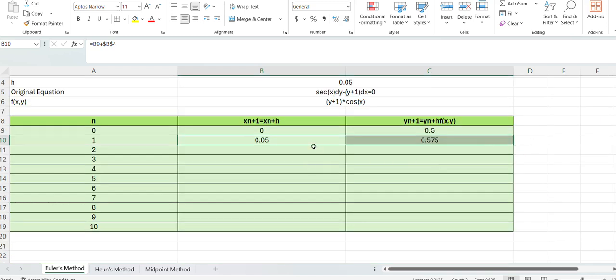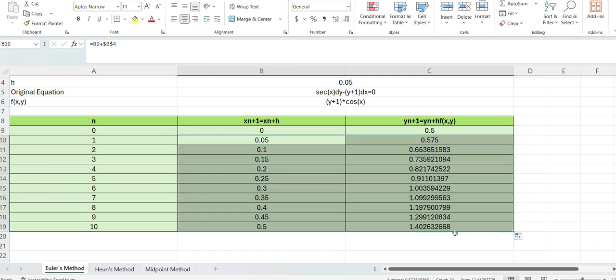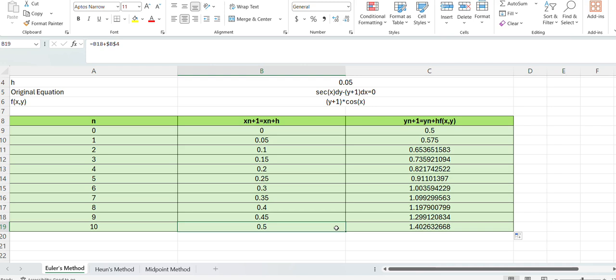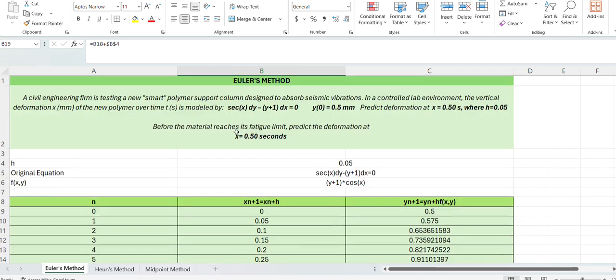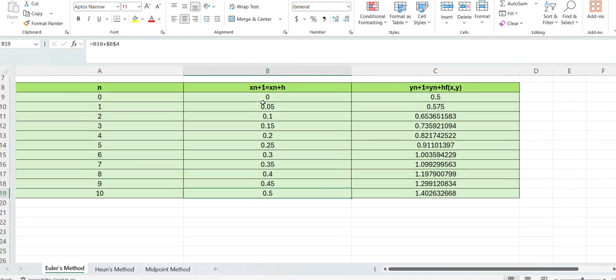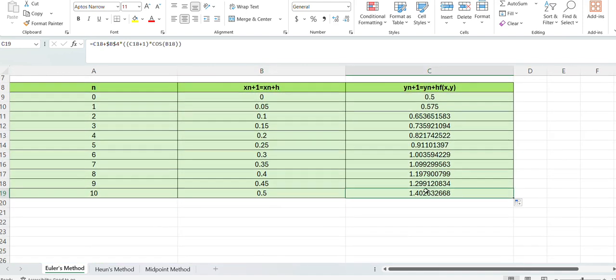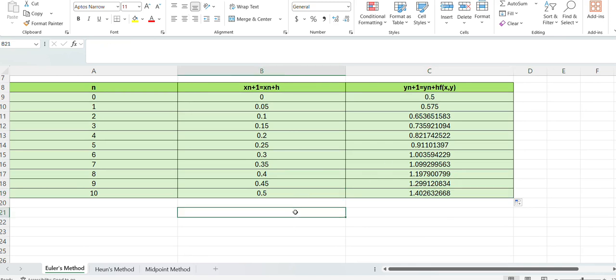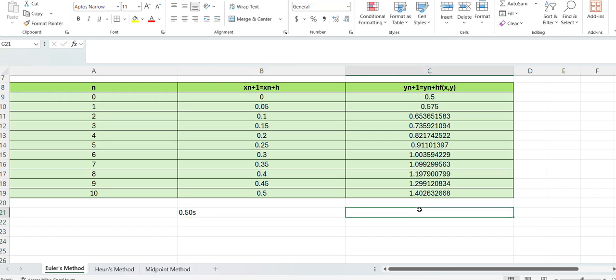So upon dragging this down, we have found that the value of y within 0.5 seconds of a polymer support column designed to absorb seismic vibration is 1.40 millimeters. So we establish that 0.50 seconds will result in 1.40 mm.